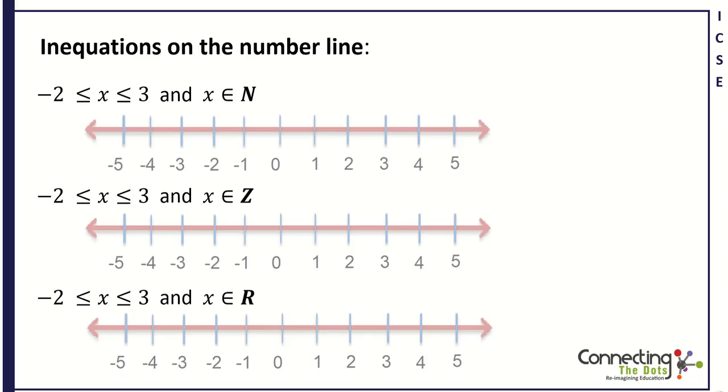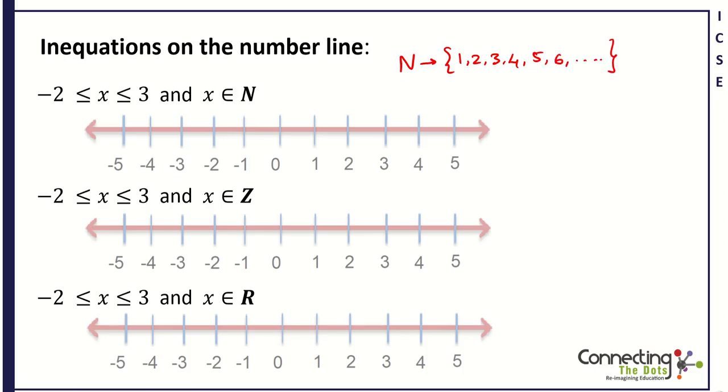Let's try and plot some of these inequations on a number line. Now this is the replacement set. So you have to pick solutions where x belongs to the set of natural numbers, and this is the inequation to be satisfied. So how do we make sure that both conditions are satisfied? Now remember, the set of natural numbers includes these numbers.